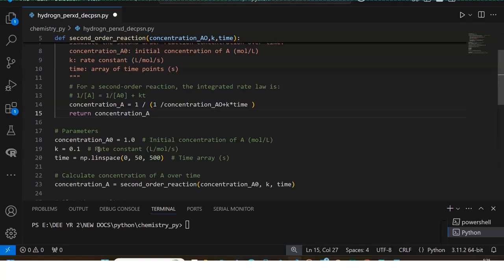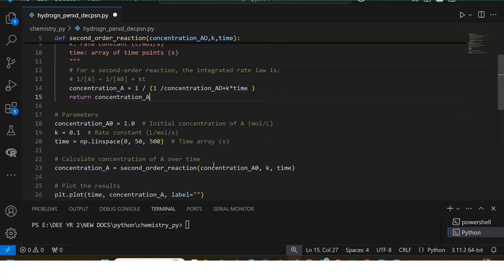Each value of time will give us an output of the concentration of A. Therefore, we are creating an array of time, with 500 data points ranging from 0 to 50.